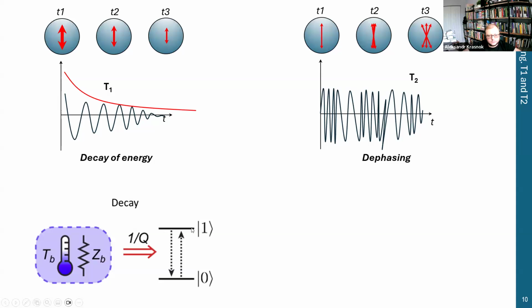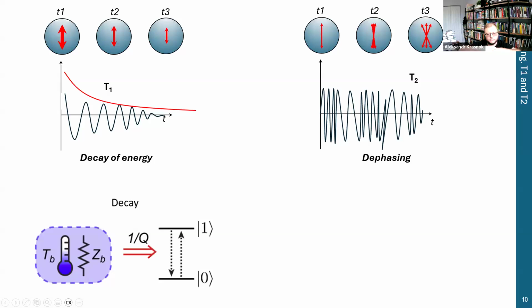Just like in quantum, if we consider our atom or a qubit, whatever, with two states, 1 and 0, ground and excited, different dissipation mechanisms, like temperature, like losses, and so on, lead to decay.